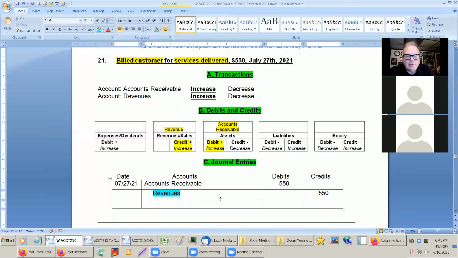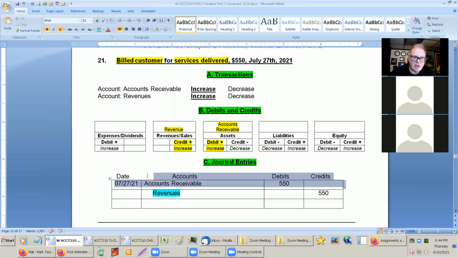When we perform our work for somebody else, whether we get paid or not, we count it as a revenue. So we haven't been paid for this. A revenue is not just when someone gives you cash. When you finish your part of the job, you count it as revenue. And on the other side goes accounts receivable. They owe you that money.